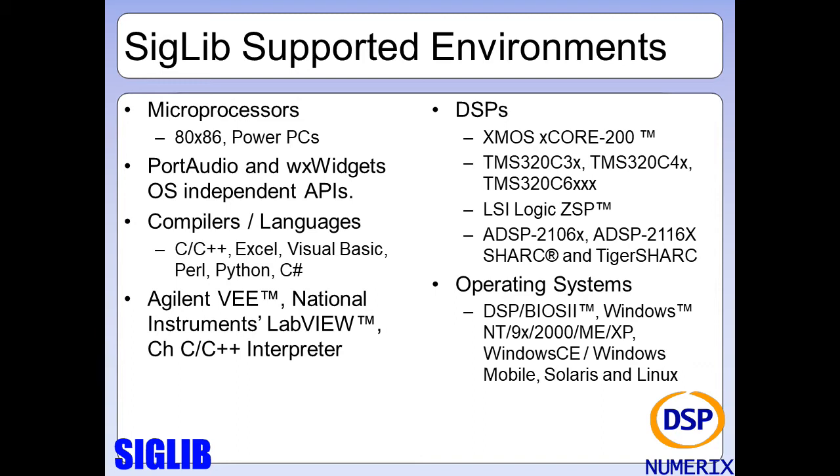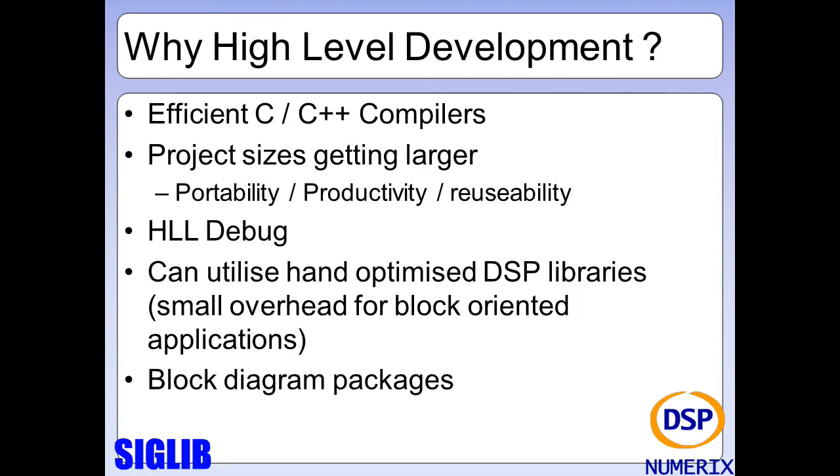One question that DSP design engineers very often ask is, why use a high-level language for development? DSP is, by its very nature, a very high-performance application, so why would you use a high-level language?